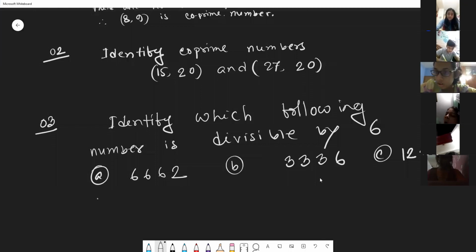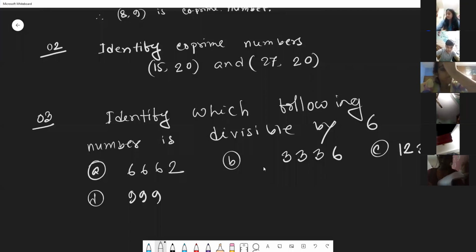Number D is given here, 9, 9, 9, 9. So which number is divisible by 6? Identify this answer.